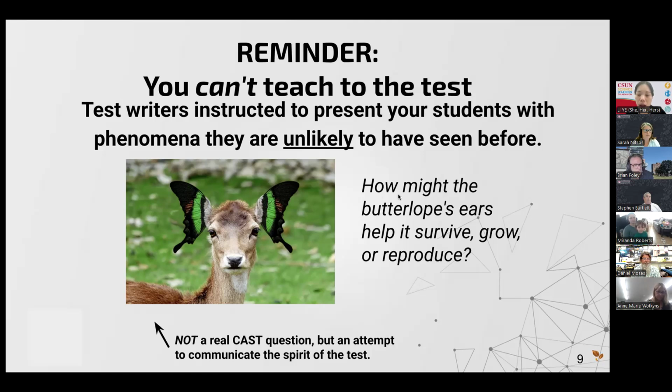For example, how might the butternut's ears help it survive, grow, or reproduce? This is not a real question, but it communicates the spirit of how the writers are going to write those test questions.